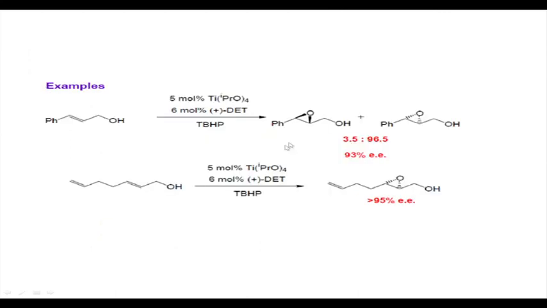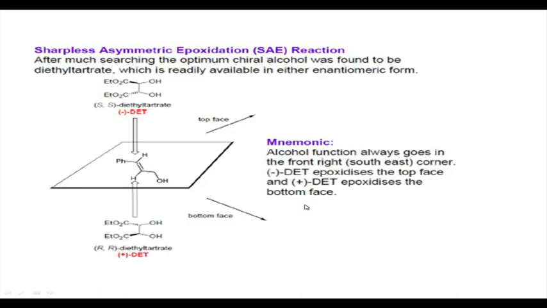So, this is minus diethyl tartarate and this should not be plus. So, that gives the beta compound and this should be plus diethyl tartarate, not the minus. So, if it is plus diethyl tartarate, then it will be the alpha epoxide, according to the mnemonic device.